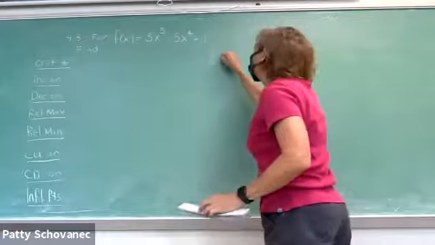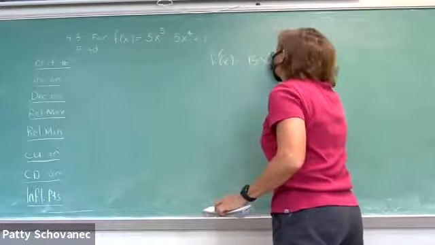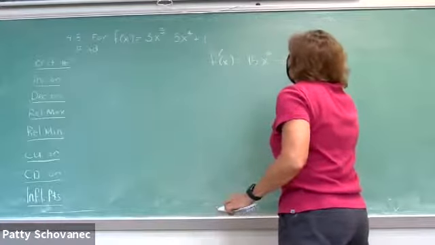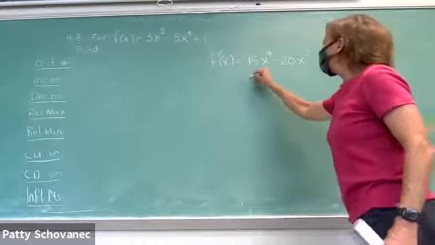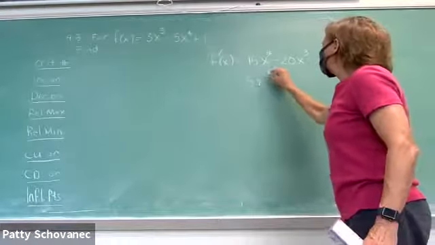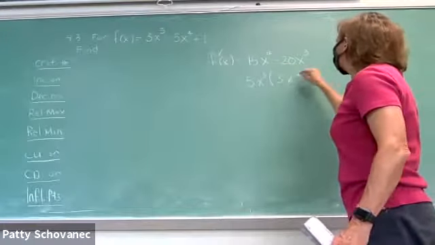You kind of check as you see what I do. 15x to the 4th minus 20x cubed is the derivative. I get a common factor of 5x cubed, which leaves me 3x minus 4 here.